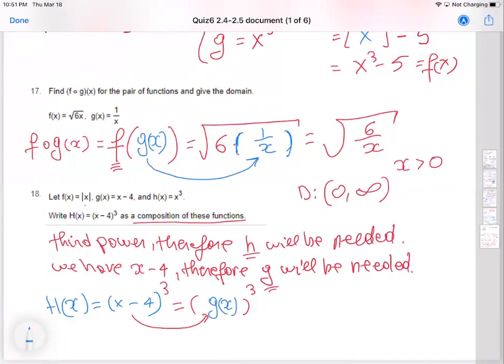What I'm trying to say is that g of x is inputted into h. So this is h of g of x, which is h composed with g. Okay, this is the last one for this quiz.